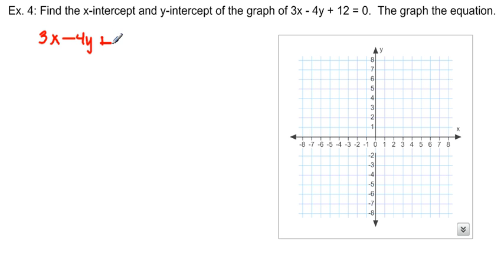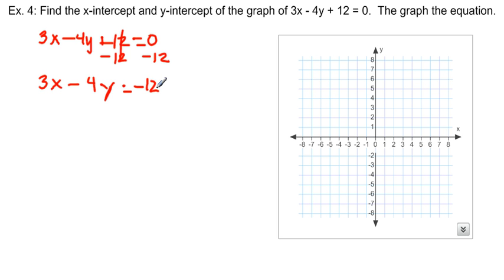Okay, so here's the original equation. I'm going to subtract 12 on each side to put the equation in standard form. Okay, so 3x minus 4y equals negative 12. Okay, now it's in standard form.